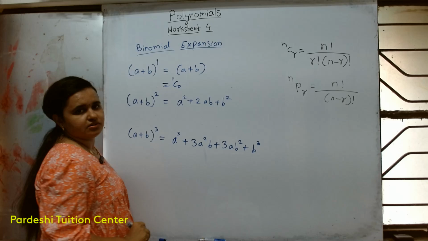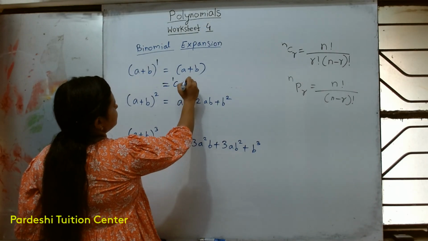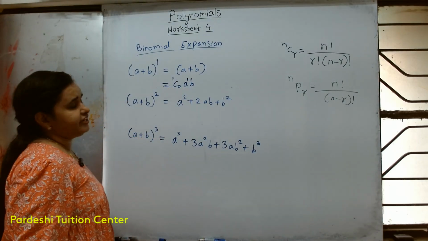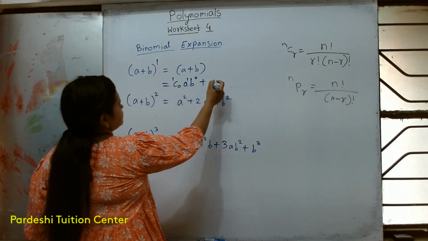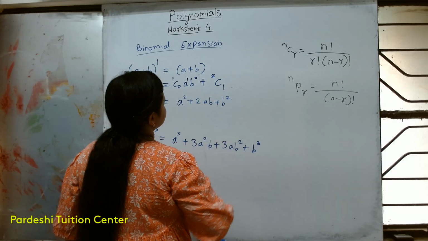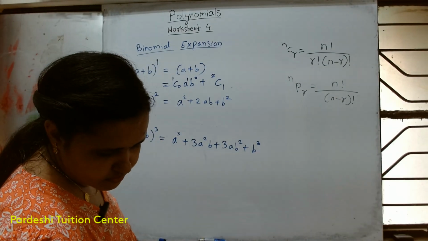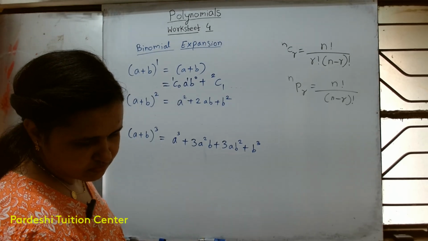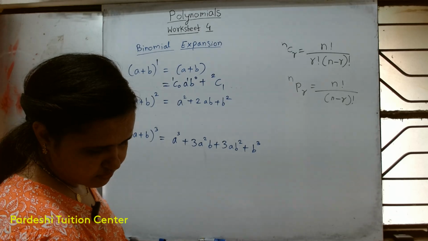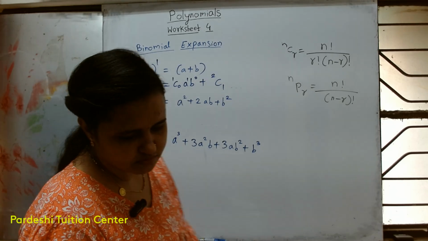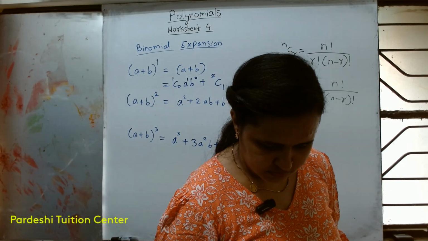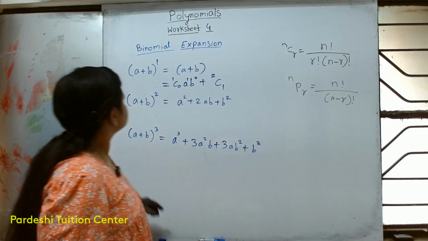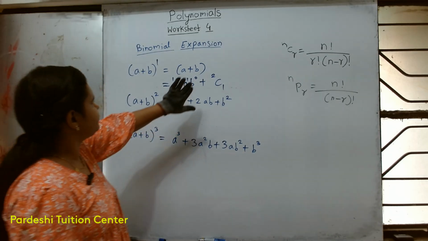If I write it as 1c0 into a to the power 1 and b to the power 0 plus 2c1, it will be 1c1.